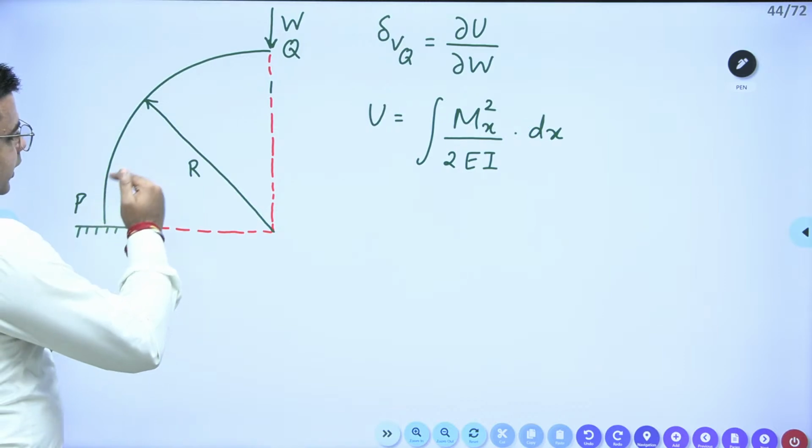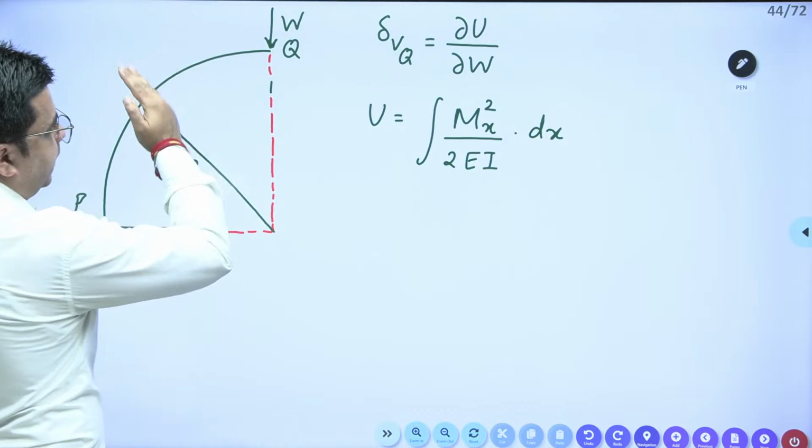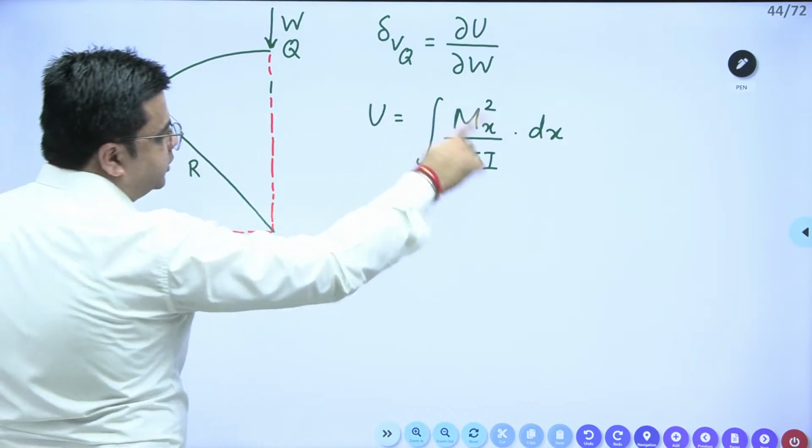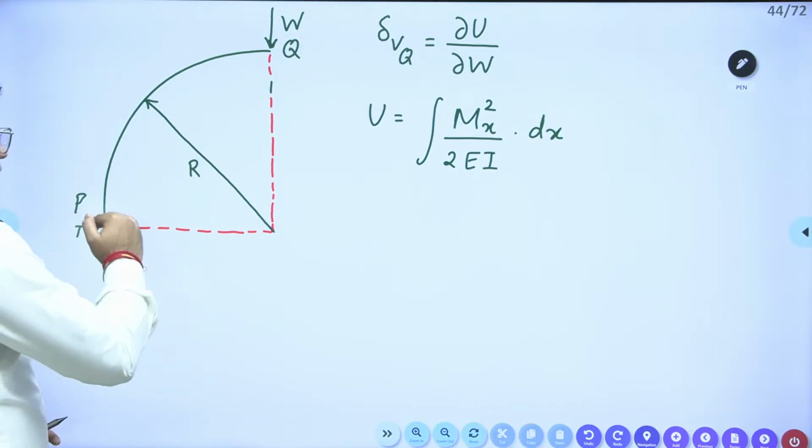For different locations you will have different values of Mx, so the total strain energy for this curved beam has to be integrated from this point to this point.